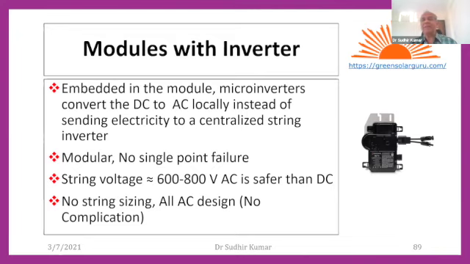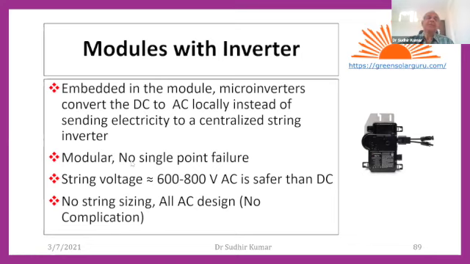So inverters collect the power from different modules and then convert DC to AC. Here with the micro inverter, the beauty is that at the module level itself, you are getting that DC to AC. And that is one of the best things. Why do we say it is a very good thing? Because there is no modular system, so a single point of failure is not there.